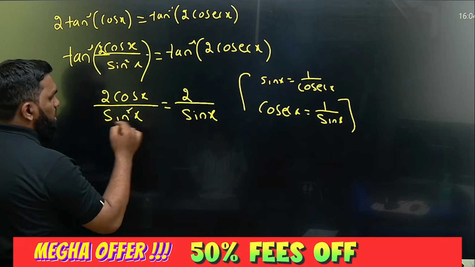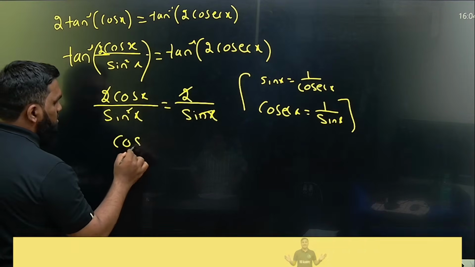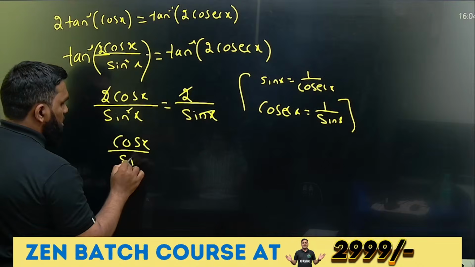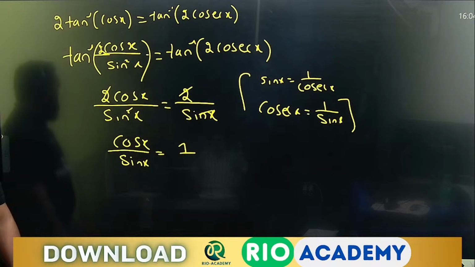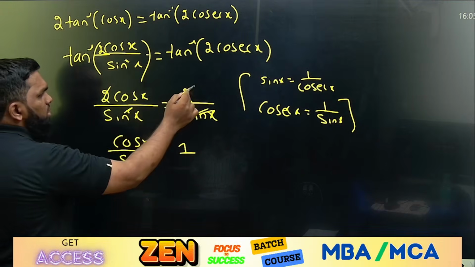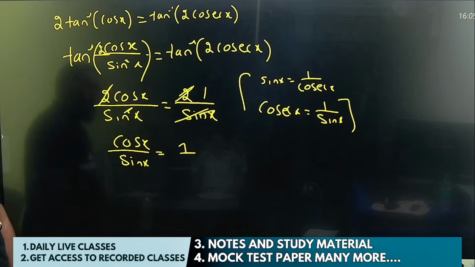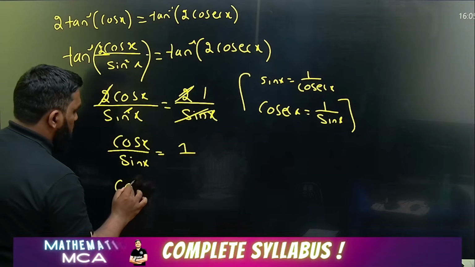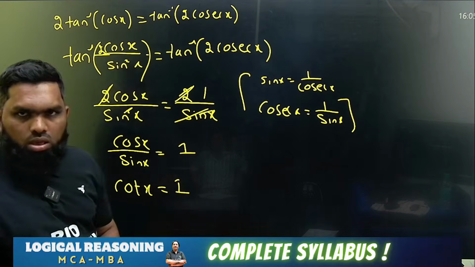Here sin square x and sin x cancel, the 2s cancel, and remaining is cos x divided by sin x, which is equal to 1. Cos by sin is cot x, so cot x is equal to 1.